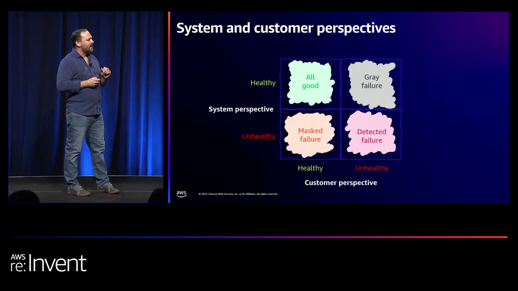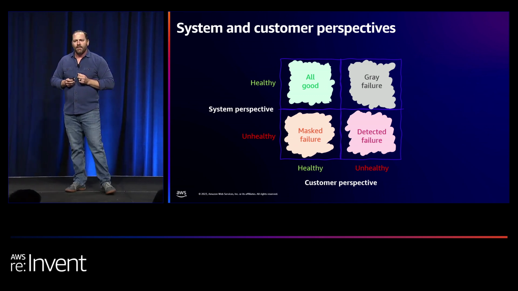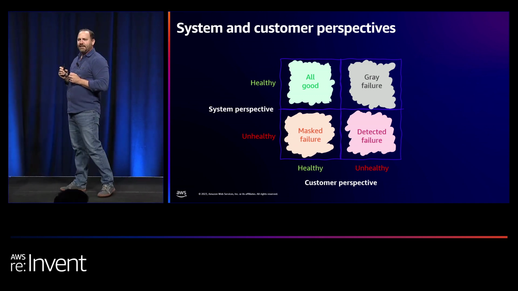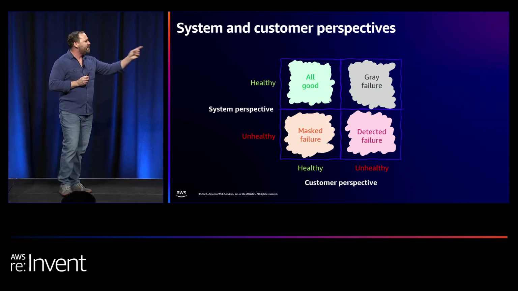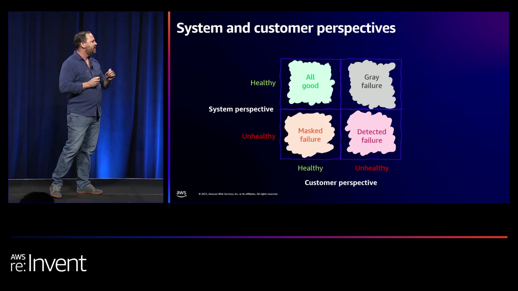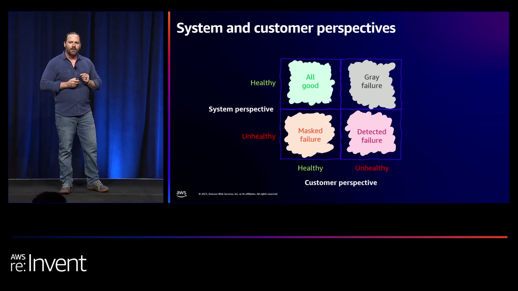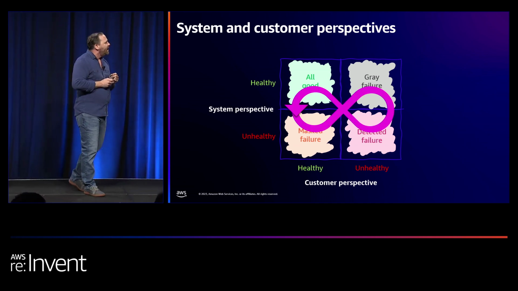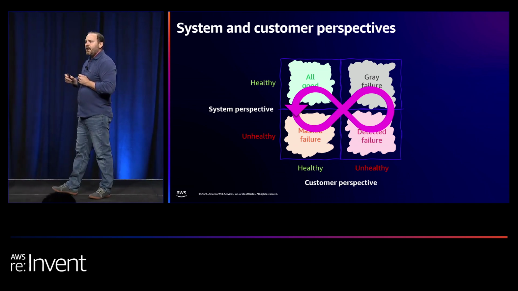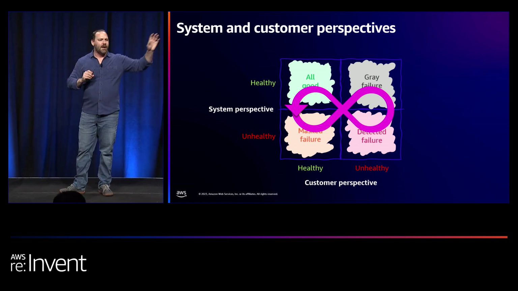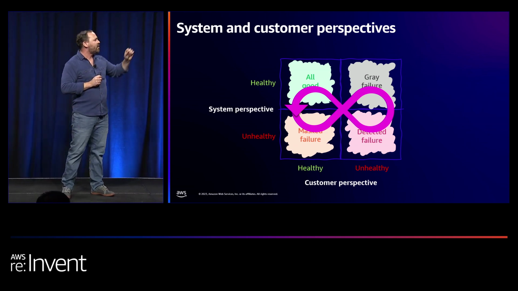And what we're really talking about is this top right quadrant. The system's perspective is that it's healthy. Nothing's wrong. But from the app's perspective, the customer perspective, it's unhealthy. And failures can move across this quadrant. It might start as a gray failure and become a detected failure, and then go to all good.